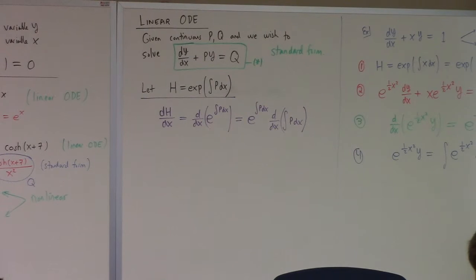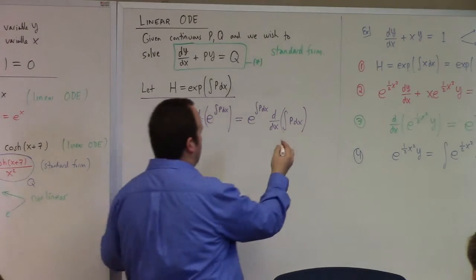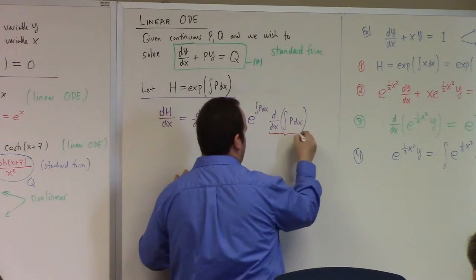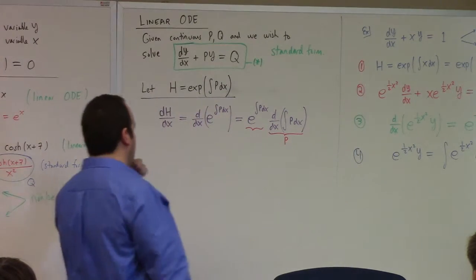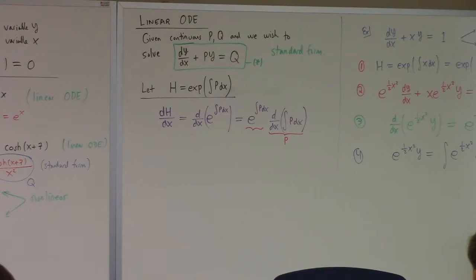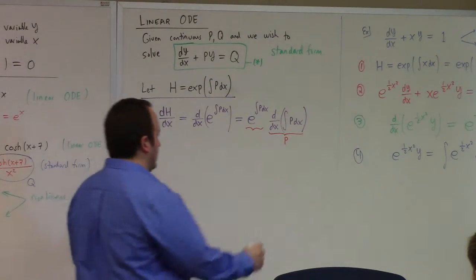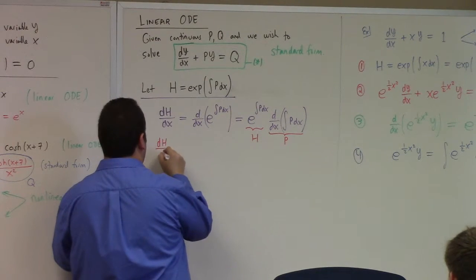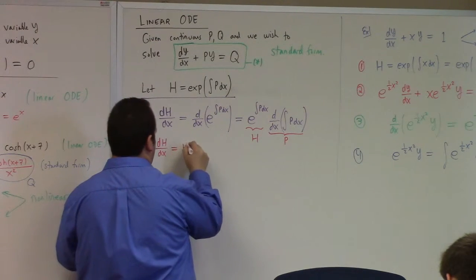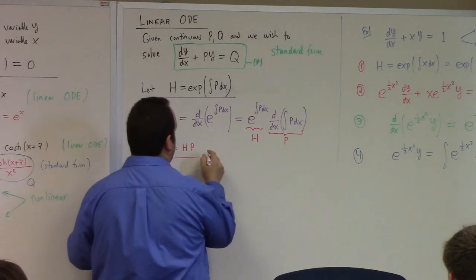It's just that the u here is a little scary looking. It's the integral of P. But what's the derivative of the integral? That's just P. And what's this? That's h, right? So we have just figured out this wonderful little identity, which is that dh/dx is equal to h times P. I'm going to call that star star.